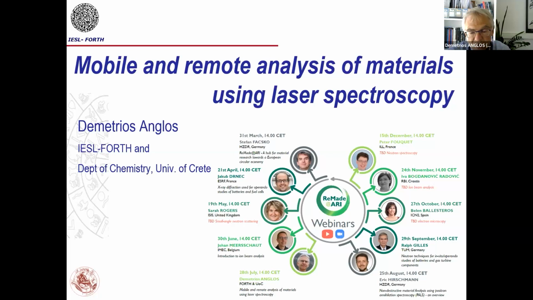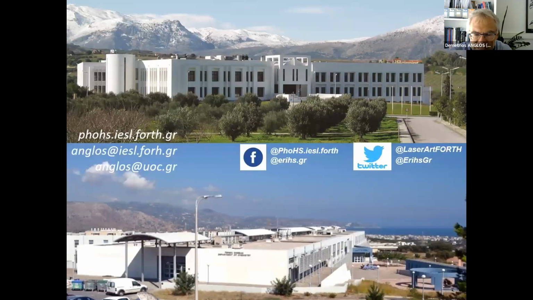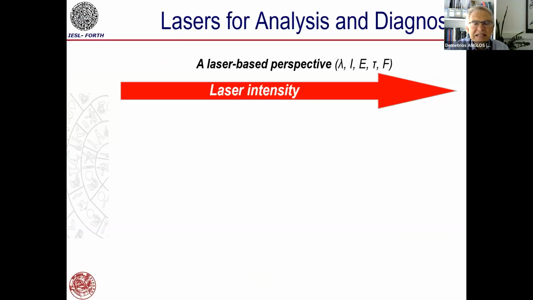I would like to follow a slightly different perspective and describe what we're going to see, or some of the parts that we're going to see, on the basis of the laser intensity perspective.